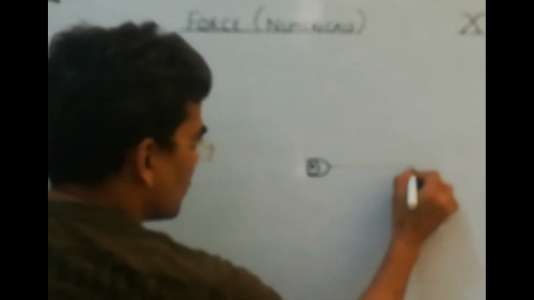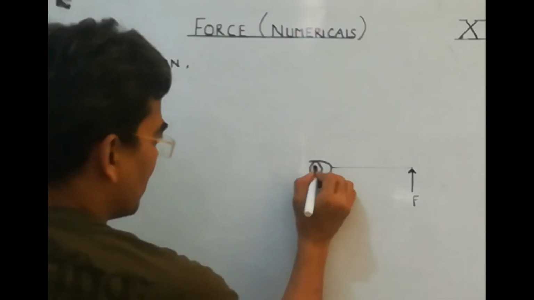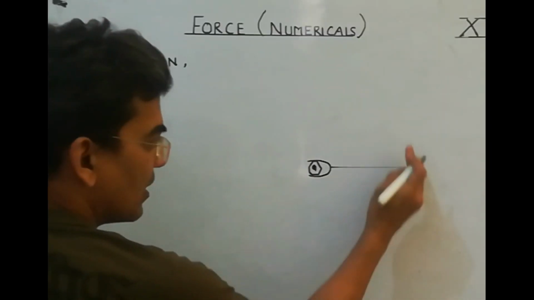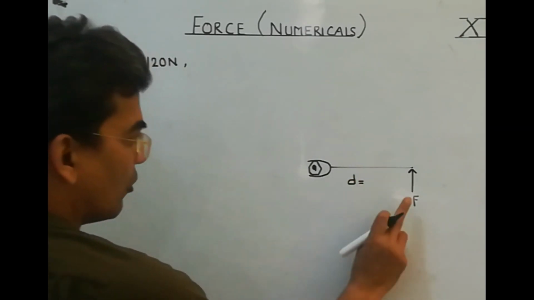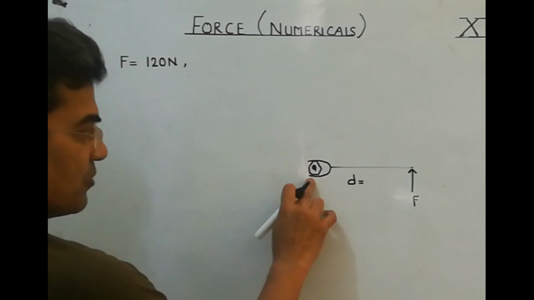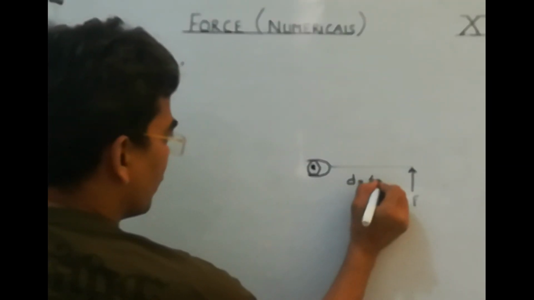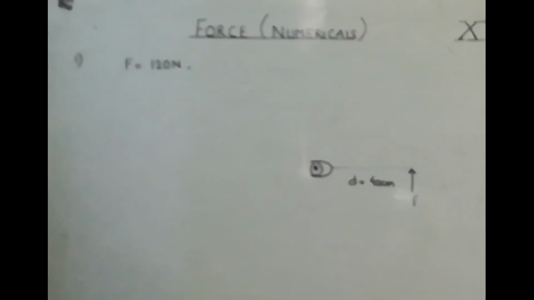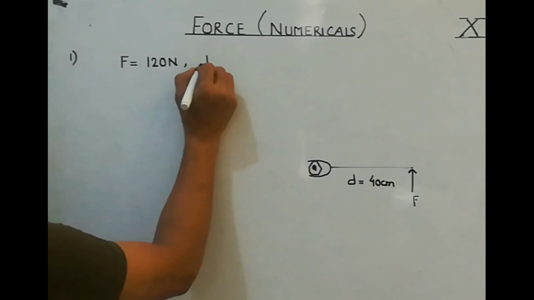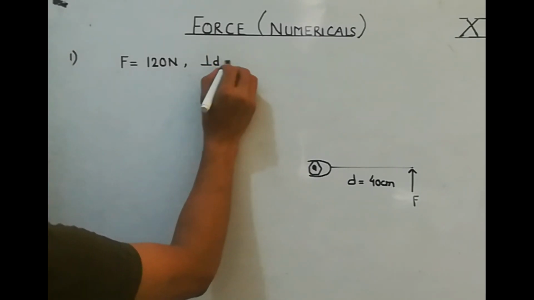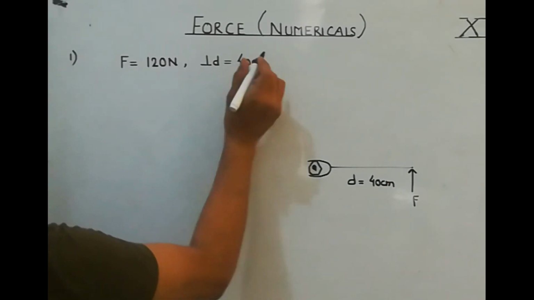So you will be applying the force. Now this will be the point of rotation and this is the line of action of force. So the distance of the line of action of force from the point of rotation is given to you as 40 centimeter. So this is the perpendicular distance given to you. So you can say perpendicular distance is equal to 40 centimeter.